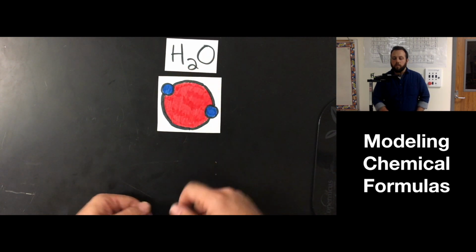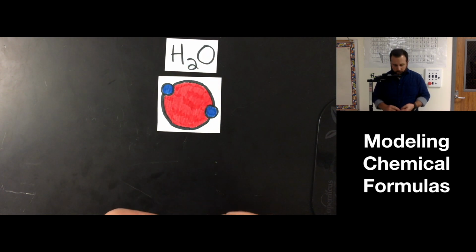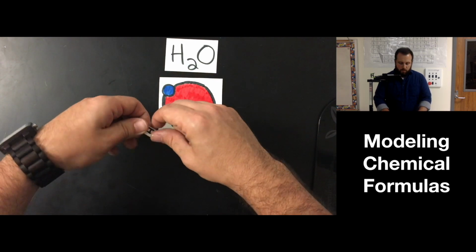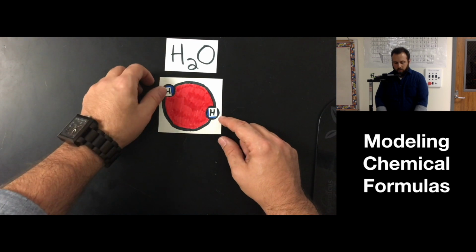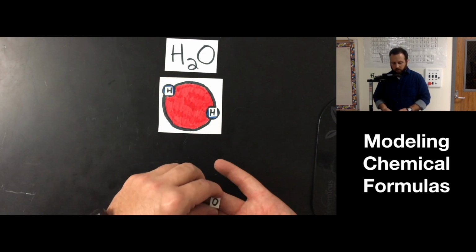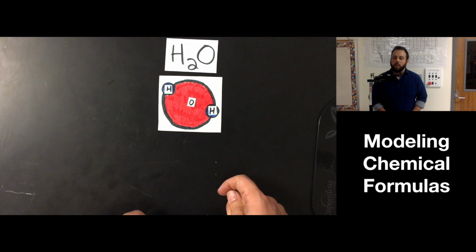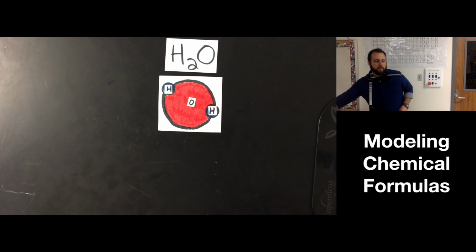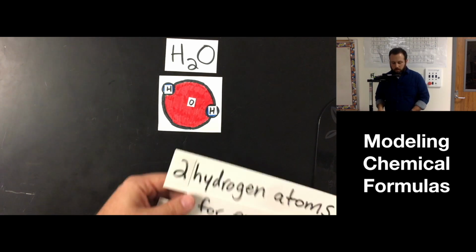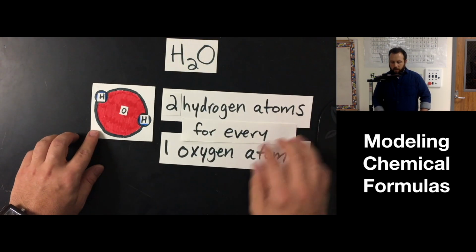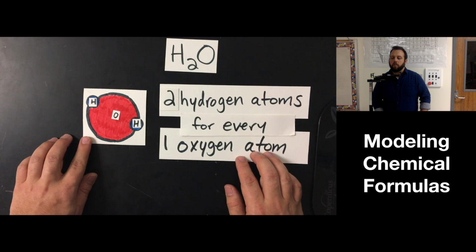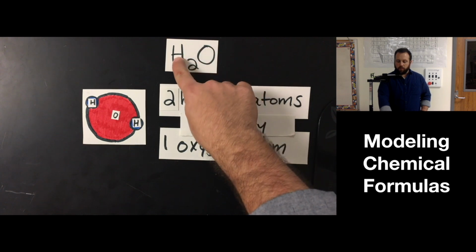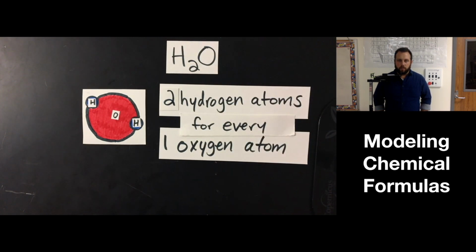In this formula up here, it says there are 2 hydrogens, which are represented by these blue circles here, and 1 oxygen, which is the larger part in the center there. So this chemical formula tells us that for every 2 hydrogen atoms, there is 1 oxygen atom.